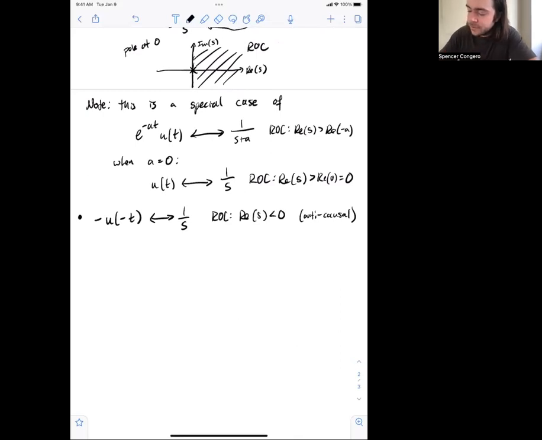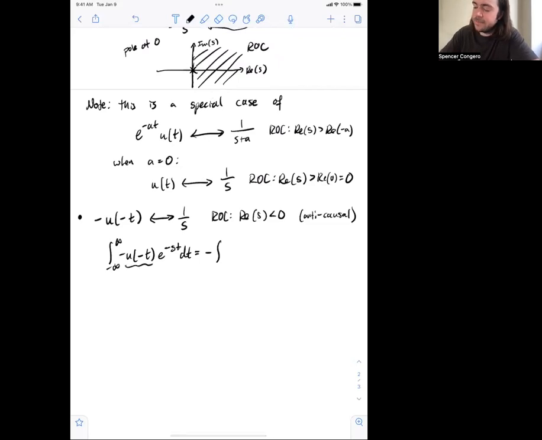Okay, so again, we could use a similar special case of the anti-causal version of this function to prove this Laplace transform pair, but just for practice, let's actually do it out. So we have negative u of negative t, e to the negative st dt. I'll take the negative sign out.